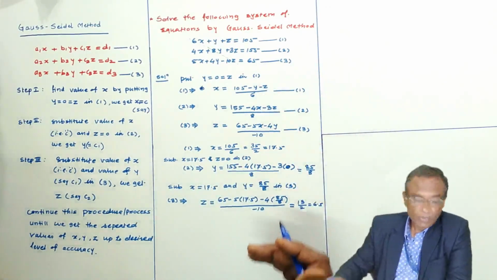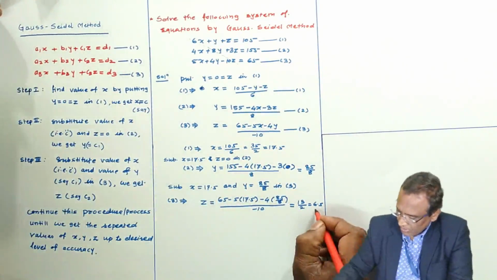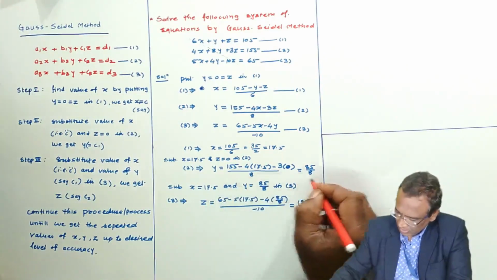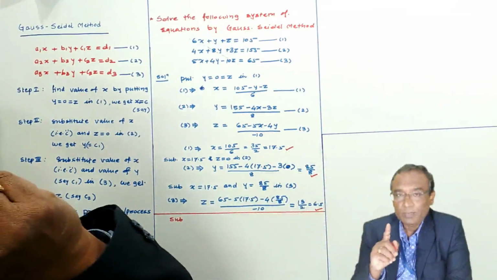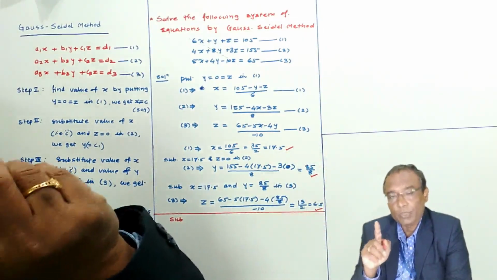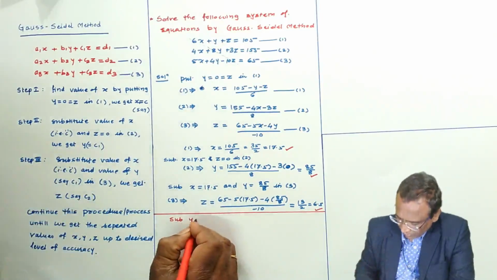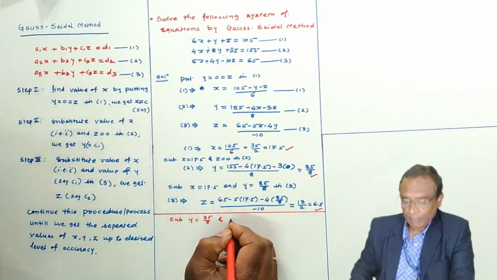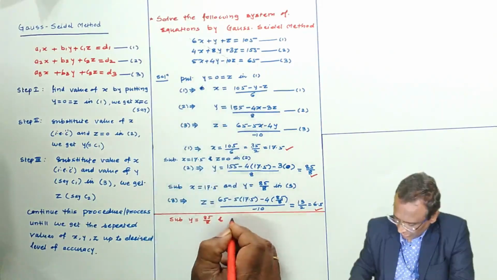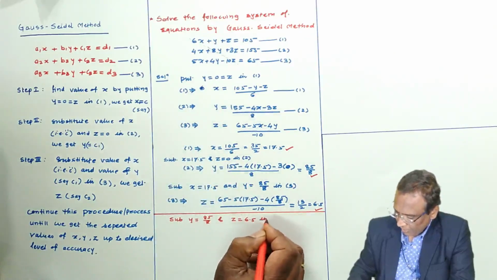In this way, the values of x, y, z are obtained, and those are the latest values of x, y, z. The latest value of z is this, the latest value of y is this, the latest value of x is this. From equation 1, I'll get the value of x. I have to put the values of y and z there in equation 1. Substitute y equal to 85 by 8 and z equal to 6.5 in equation 1.